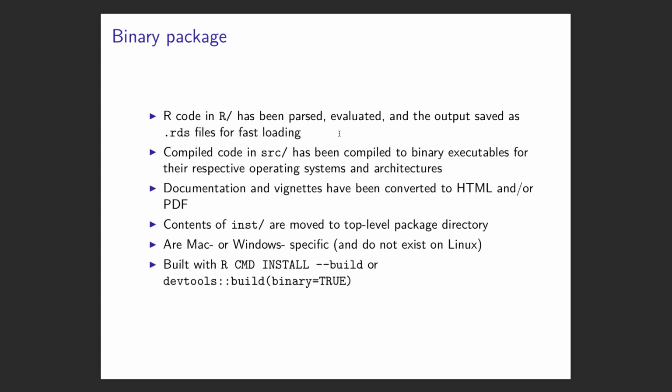Any compiled code in the source directory, so any C, C++, Fortran files, and so forth, has been compiled into binary executables for their respective operating systems, so either Mac or Windows or Linux. All of the documentation and vignettes have been converted to either HTML or PDF, I don't think there's any other allowed formats. But all the documentation and vignettes have been prepared.